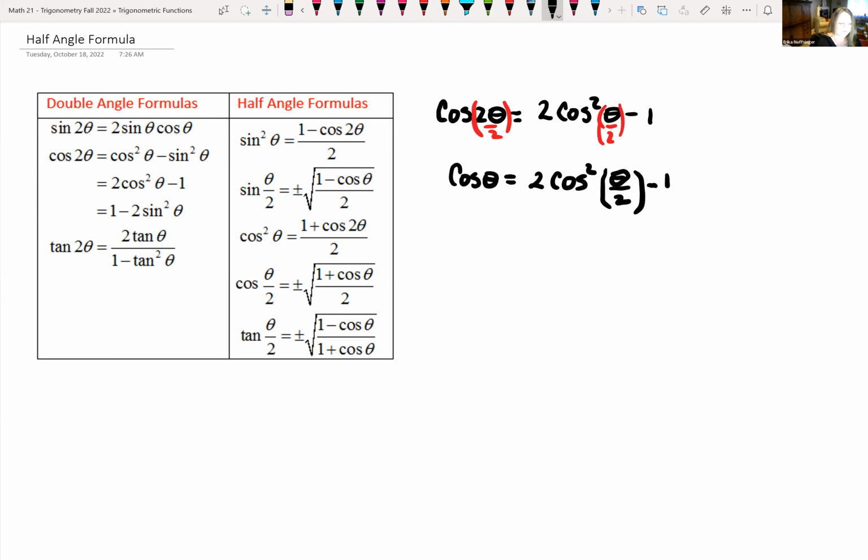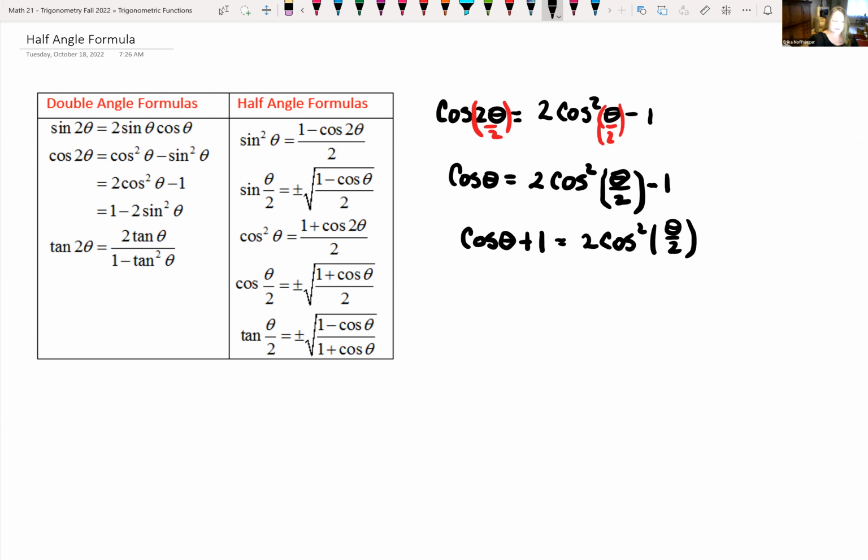minus 1. Since we're trying to derive what cosine of theta divided by 2 is, let's isolate that on one side of the equation. We can do that by adding 1 to both sides. So we get cosine theta plus 1 is equal to 2 cosine squared of theta divided by 2.